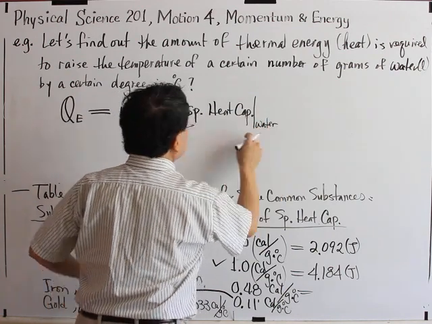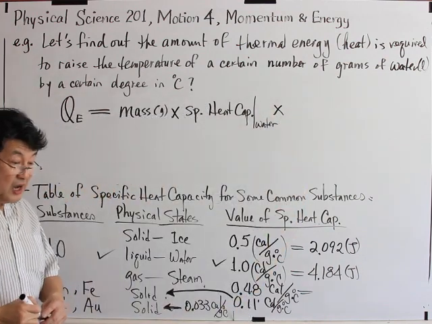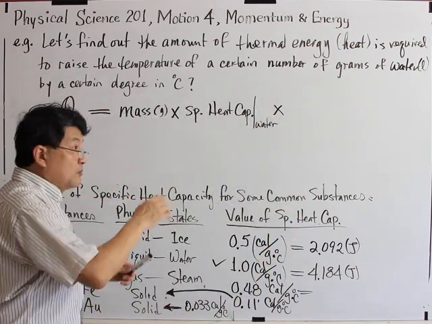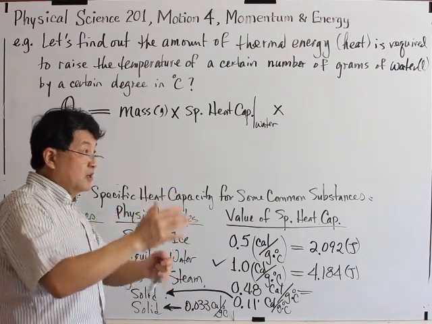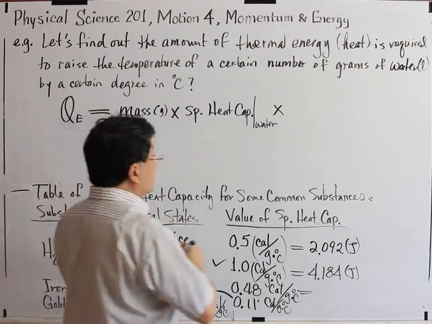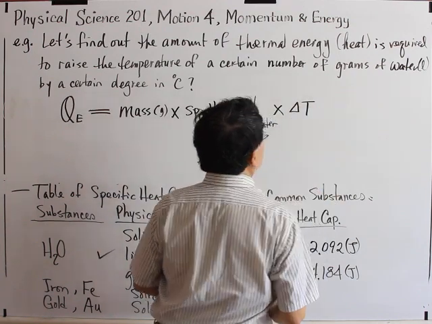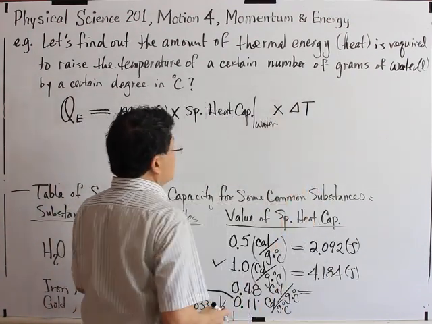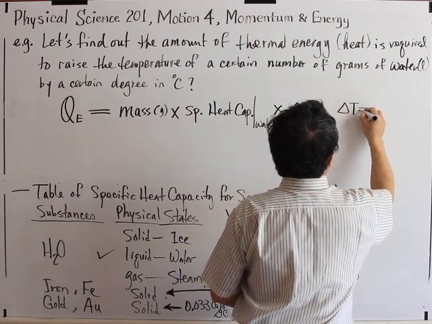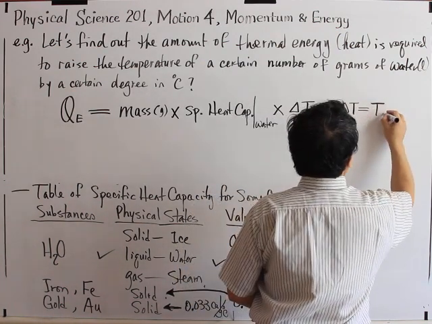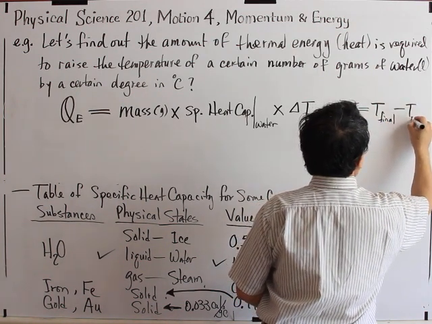In this particular case, it's got to be liquid water. And then you have to find how many degrees we'll try to raise, from 0 degrees to 1, or 0 to 5, which is 5 calories or 1 calorie, or to 100. So it's going to multiply the change, increase or decrease, of temperature. The temperature change must be T final subtract T initial.